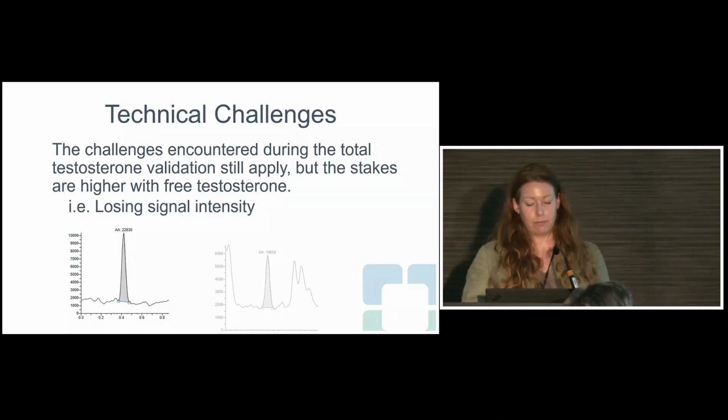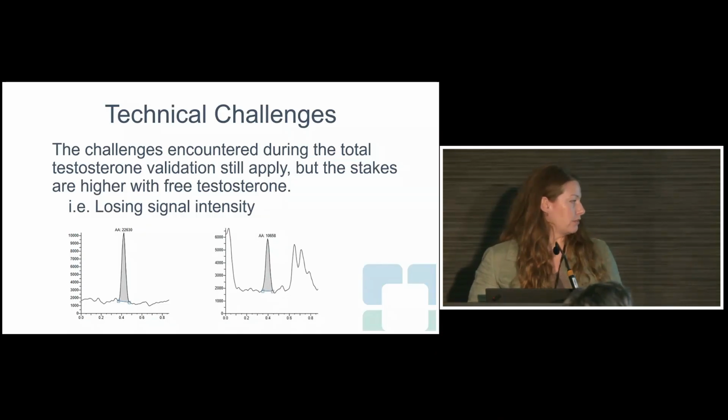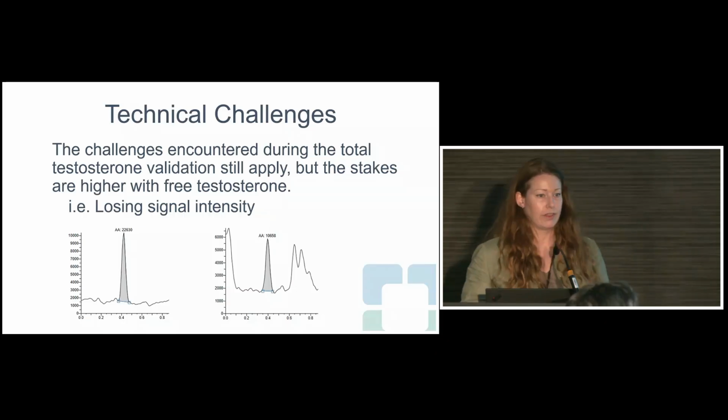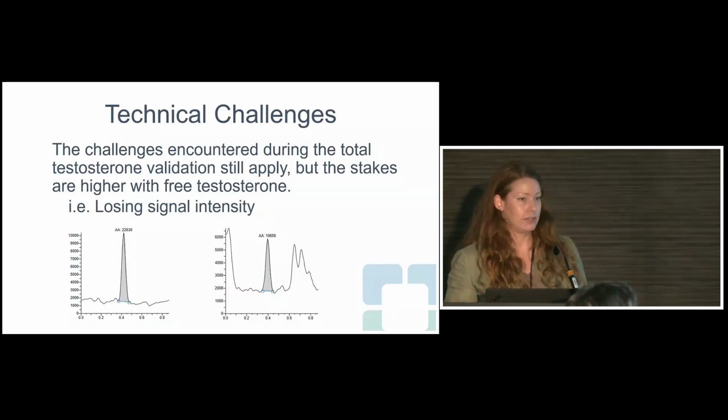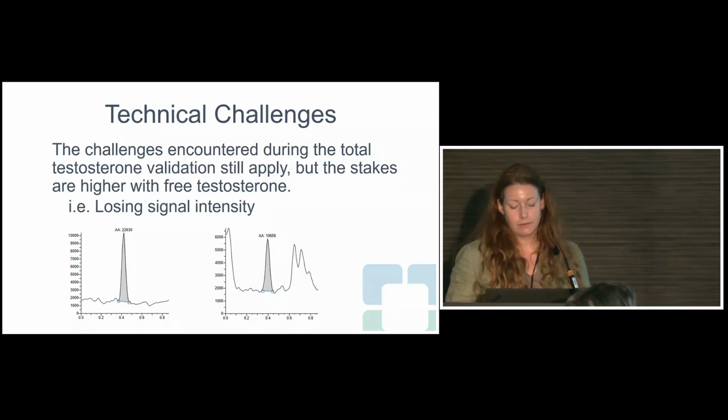So if we're just comparing the two LOQs between total and free, total being on the left, if you lose half of your signal for that LOQ for total testo, you're fine. You can still quantitate, provided your internal standard is also in line. But if you're losing signal for the right, the free, that absolute area is just over 10,000, and that's something that we struggle with.